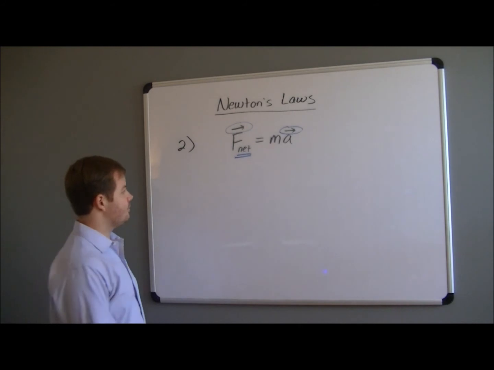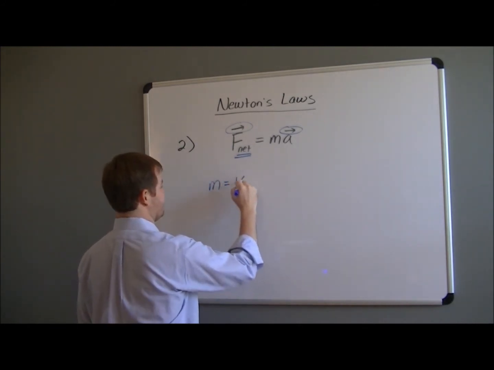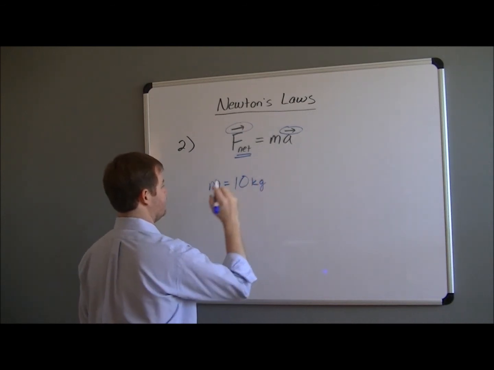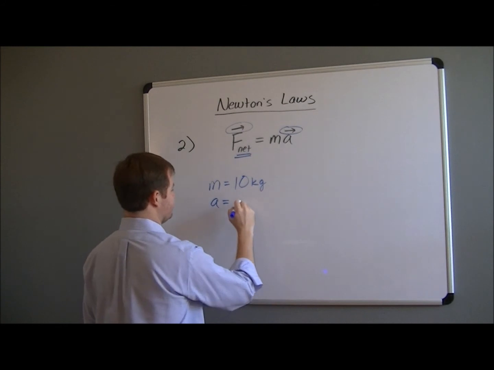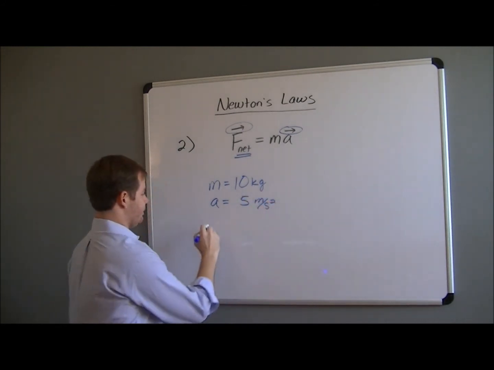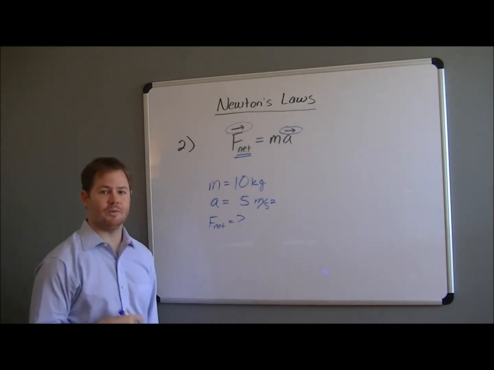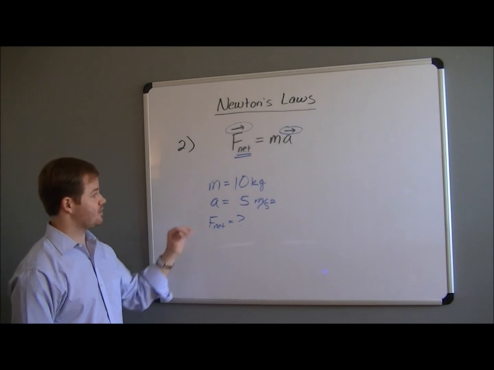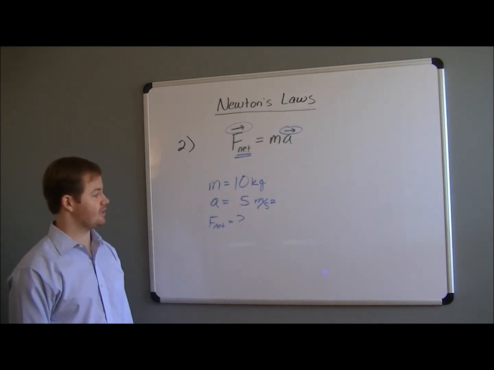So for a simple example, if we had, let's say, an object with a mass of 10 kilograms, and we wanted to accelerate that object at 5 meters per second squared, then what net force would we have to apply to that object in order to make a 10 kilogram object accelerate at 5 meters per second squared?